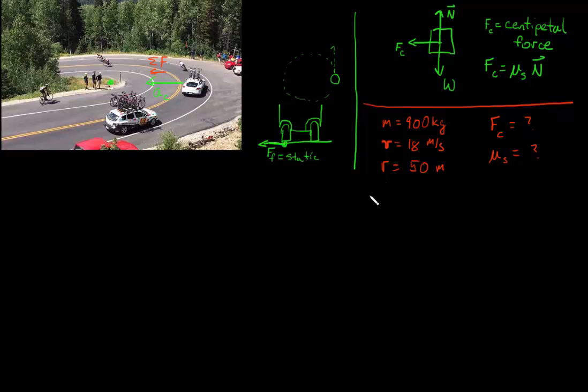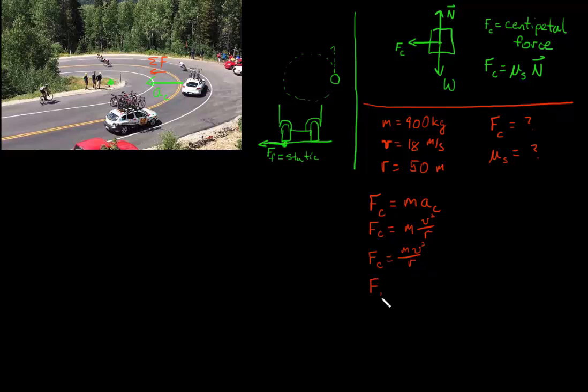We'll start with the centripetal force, which is equal to the mass times the centripetal acceleration. So you see it's just Newton's second law, except we're talking about centripetal force and centripetal acceleration. And we learned earlier that the centripetal acceleration is the velocity squared divided by the radius. So the centripetal force is equal to mv squared over r.